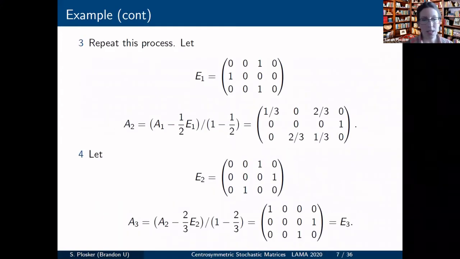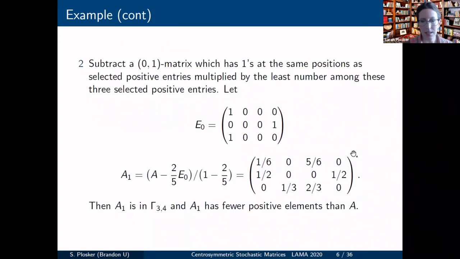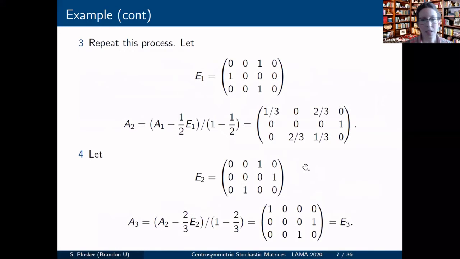And then I can keep doing that. So I select, let's say, 5/6, 1/2, and 2/3, so there's a 1, 1, 1. 1/2 is the smallest of those entries. So I take A1 and subtract off 1/2 times this E1, and I divide by 1 minus 1/2 just to get the resulting matrix A2 to be stochastic.